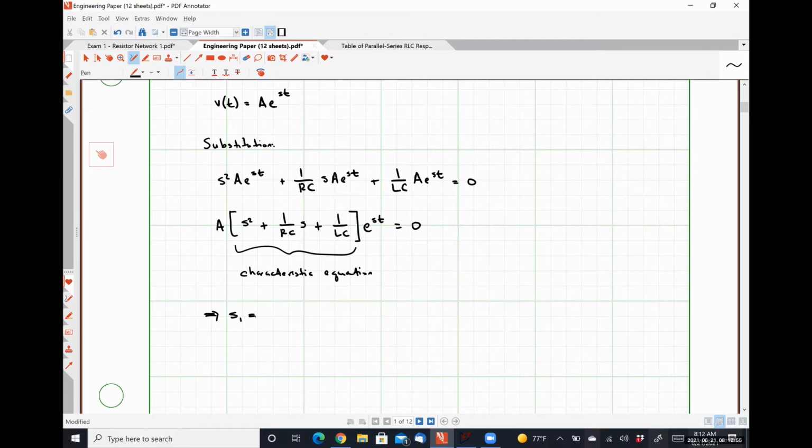Using the quadratic equation, we are going to have two solutions. s1 will be negative b, so negative 1 over RC, plus the square root of b squared, so 1 over RC squared, minus 4 times a, which is 1, times c, which is 1 over LC.